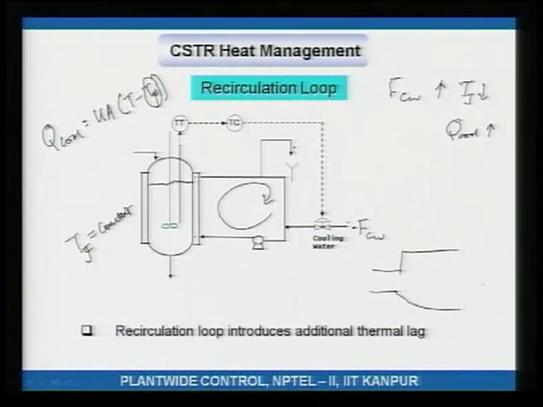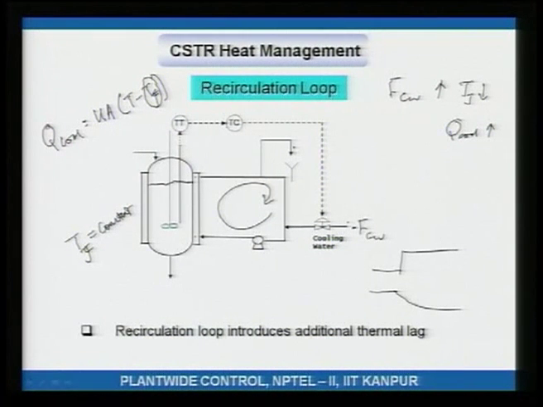So the recirculation loop introduces an additional thermal lag, and because of this, this control loop cannot be tuned very tight, because you change the cooling water, then the temperature of the jacket slowly goes down, heat transferred across the wall goes down, and then the reactor temperature responds.